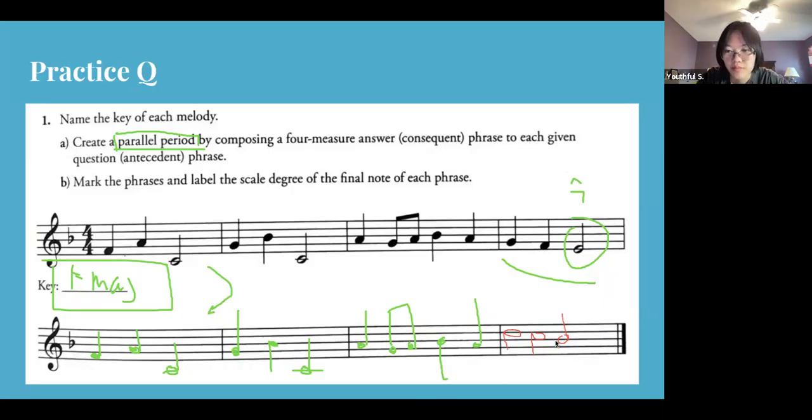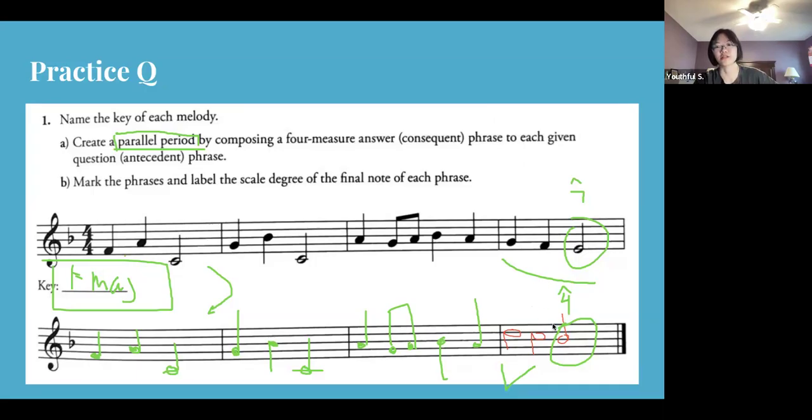Okay, so only one thing here. This is good, but this degree here is actually the fourth. So basically, we usually don't end on 4. I know you might have heard of plagal cadences and things like that, which is when you go 1 to 4, or 4 to 1. Basically, plagal cadences we want to avoid.